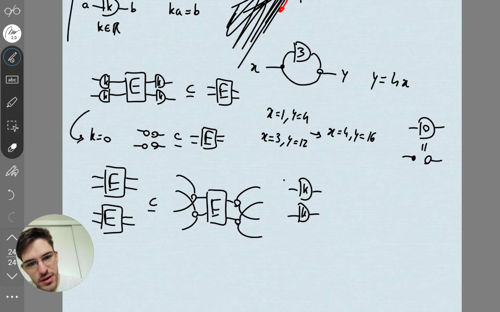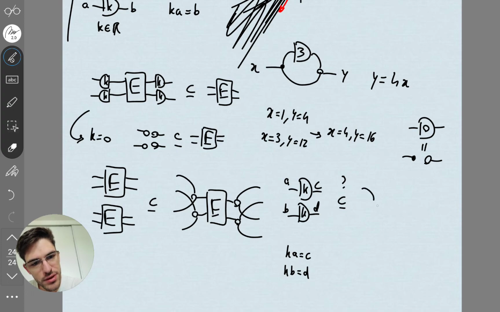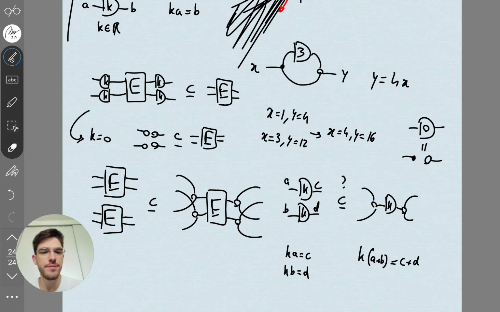so that's like x, let me use A, B, C, D, I like ABCDs. So this is the equation Ka equals C, Kb equals D. Is it the case that it's included in the equation, this one, right? So that's Ka plus B equals C plus D, right?